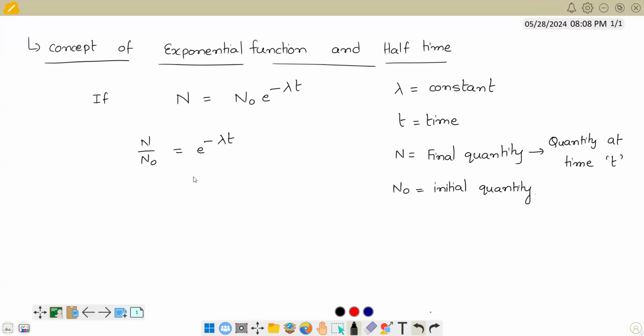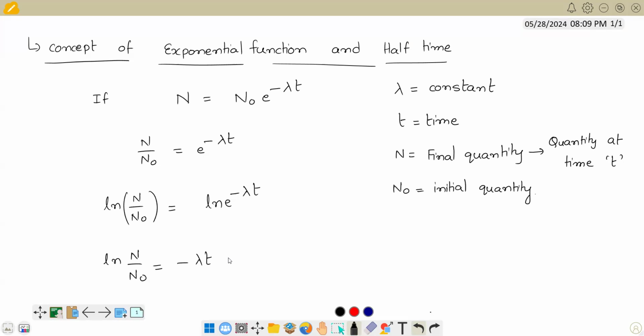Then if I apply ln on both sides, I will get ln N by N naught equals minus lambda into t, because ln of e power minus lambda t is minus lambda t. So this is the function that we get.